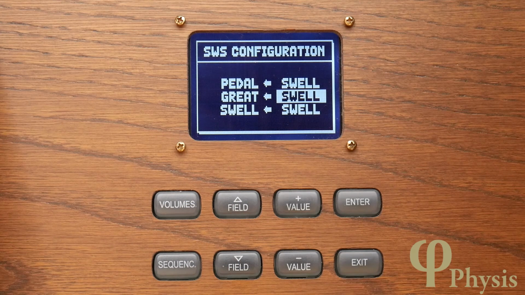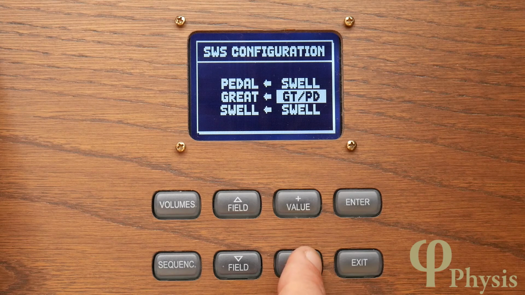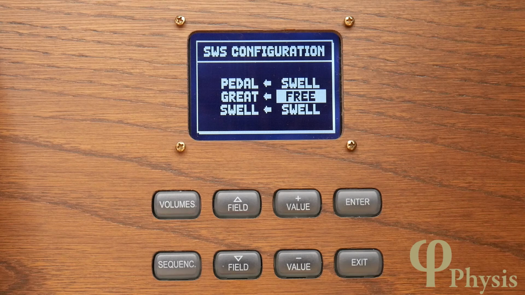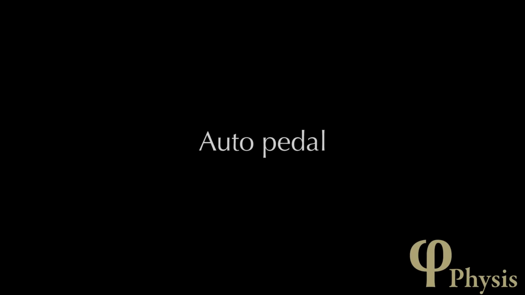However, with the plus and minus buttons, I can make, say, the great affected by the great stroke pedal expression pedal. That only works if the crescendo pedal is functioning as a great pedal expression pedal, as I showed you in tutorial number 10. If I now set this to free, it means that the great is not affected by any expression pedal in SWS mode.